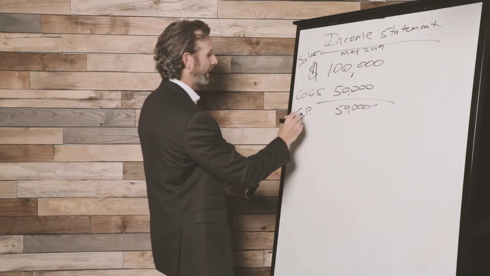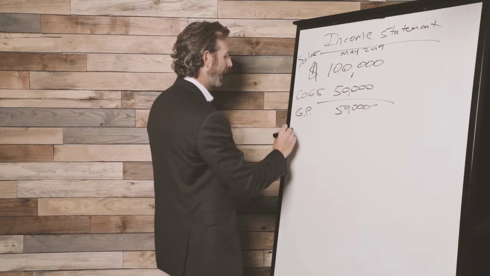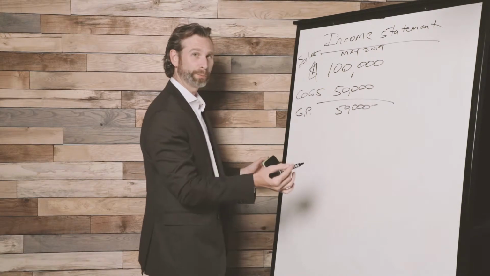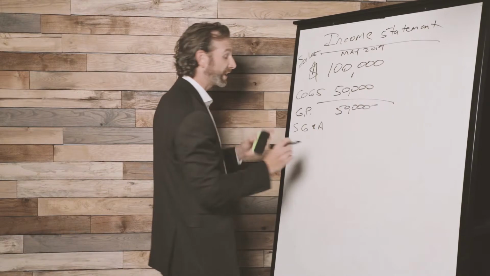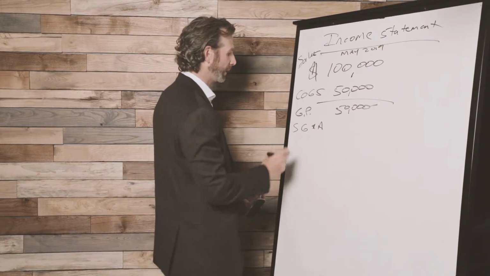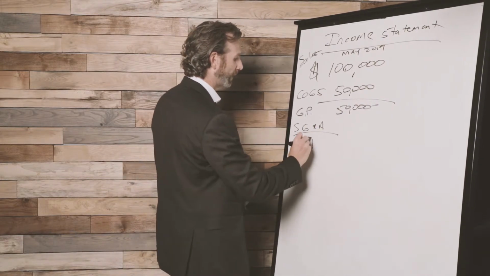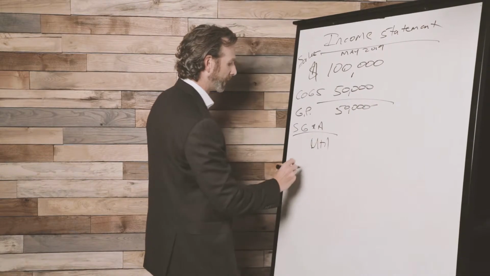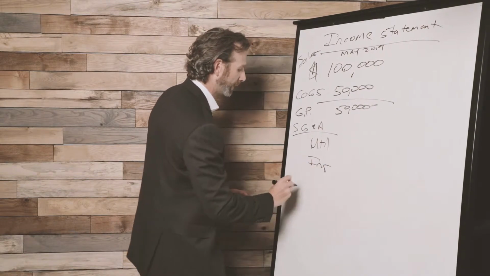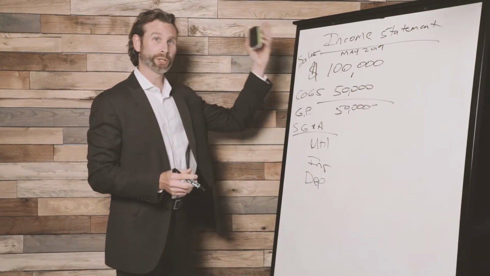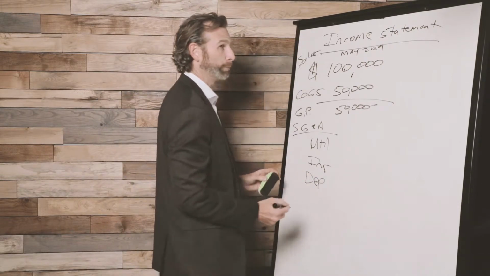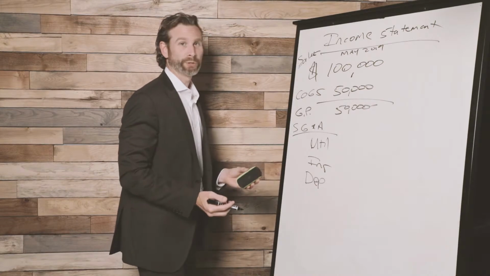Because underneath the gross profit number, you're going to have your operating expenses. A lot of times these are called selling, general, and administrative expenses, or SG&A, is what you might hear it termed as. That's where you're going to have your utility expenses, insurance expenses. Depreciation expense, the depreciation we took on the balance sheet at $10,000, maybe that represented 1 month's worth.